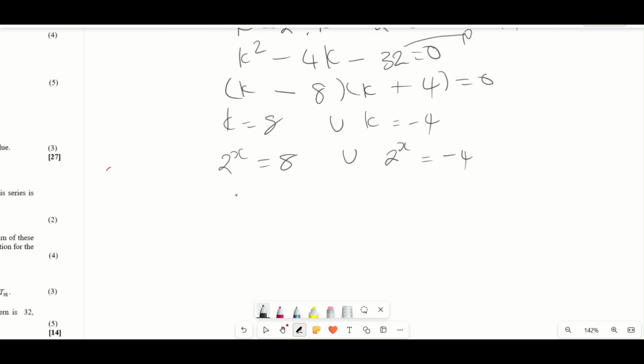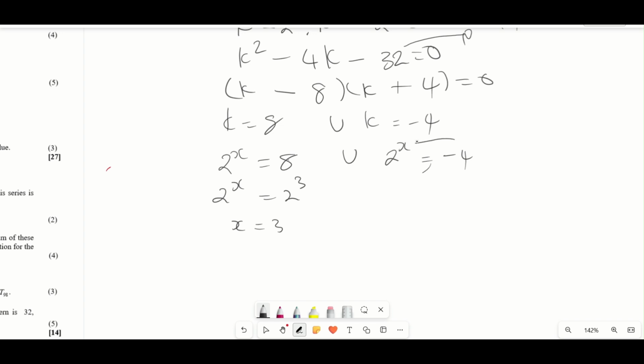You can solve this in multiple ways, but the easiest method is to change the 8 into exponent form, and therefore x will be 3. And for this one, there's no solution.